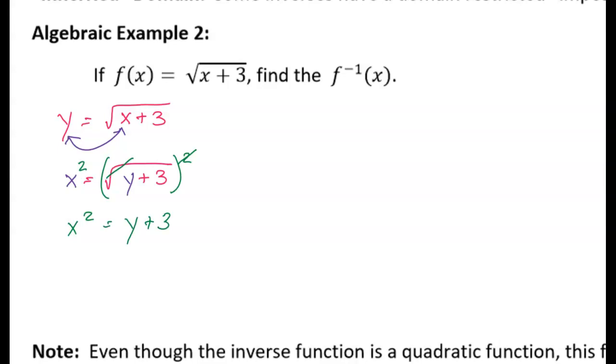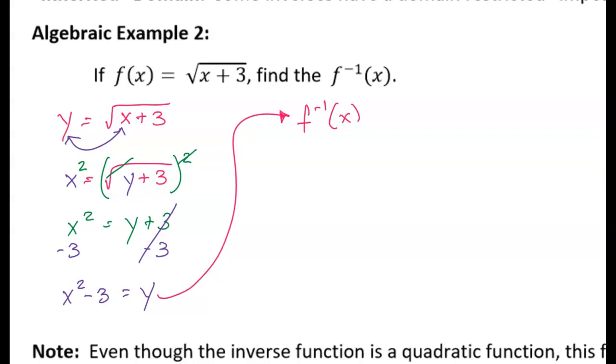Then what? Yeah. We need to get y by itself, so we still need to subtract that 3 away from the y. And we have x squared minus 3 is equal to y. What is the final thing we have to do? Yes, change the notation. Change that y back into function notation here.